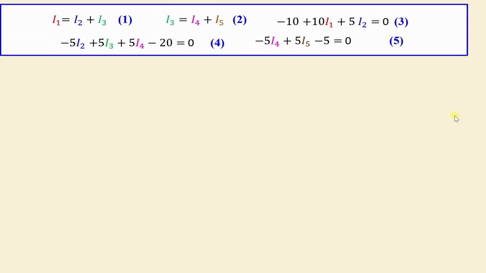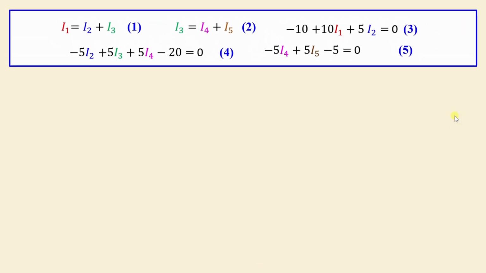After we finish applying Kirchhoff's laws KCL and KVL, we obtained 5 equations with 5 unknowns. Now we only need to solve those equations in order to find I1, I2, I3, I4 and I5.